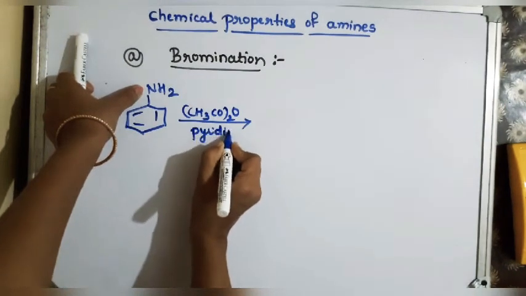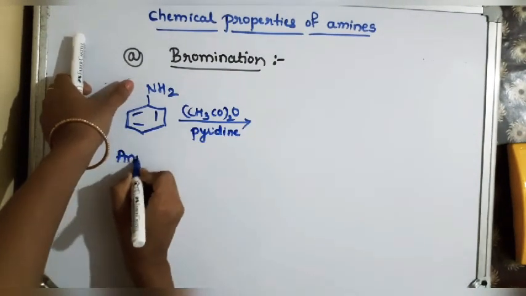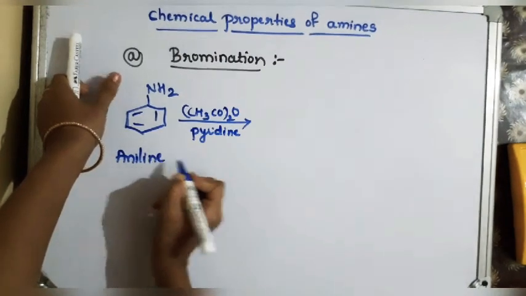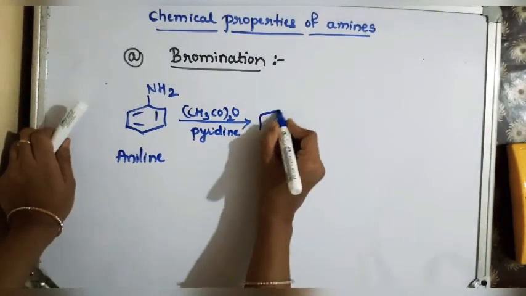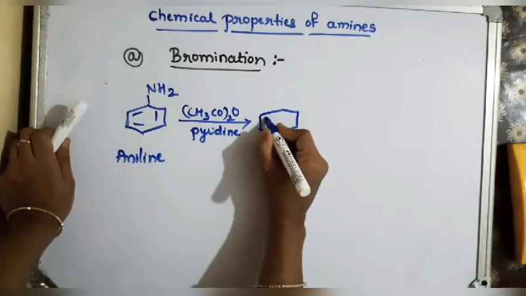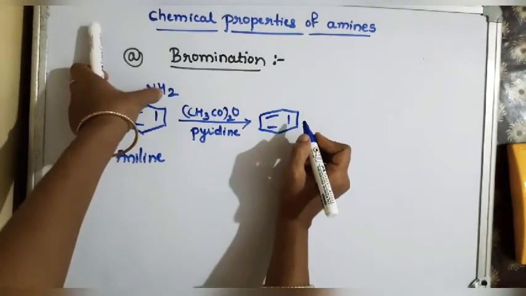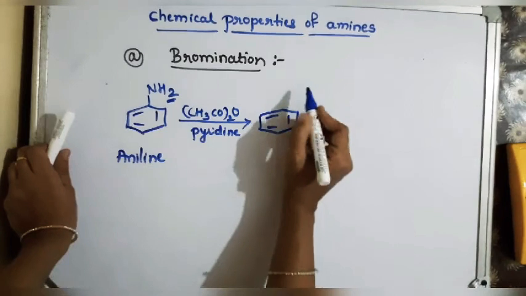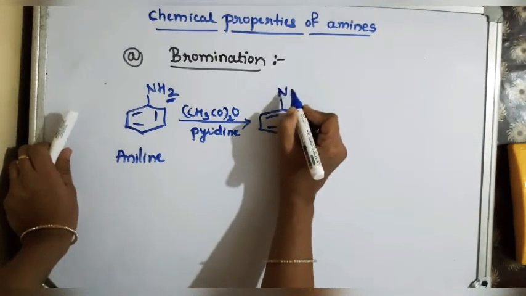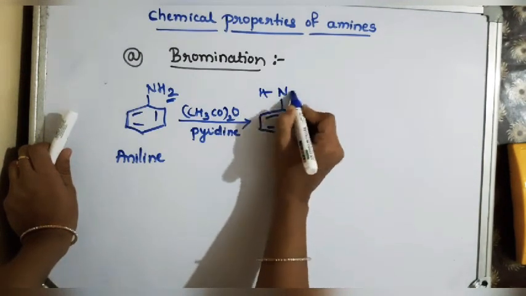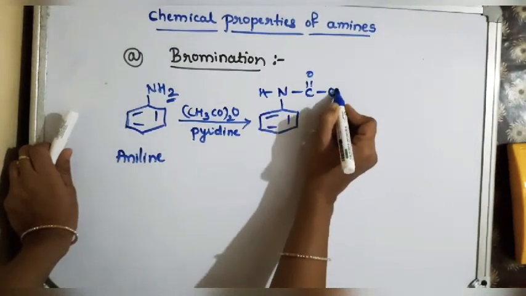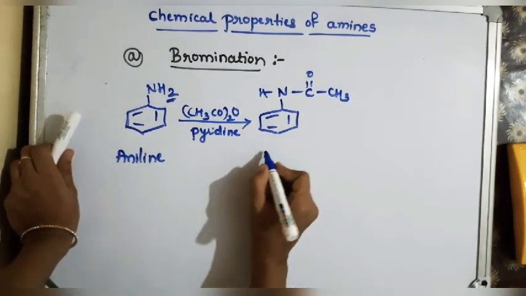So when aniline is treated with acetic anhydride in pyridine, what are we getting? The acylation takes place. Here one hydrogen is replaced by COCH3. So we are getting NHCOCH3. This compound is acetanilide.